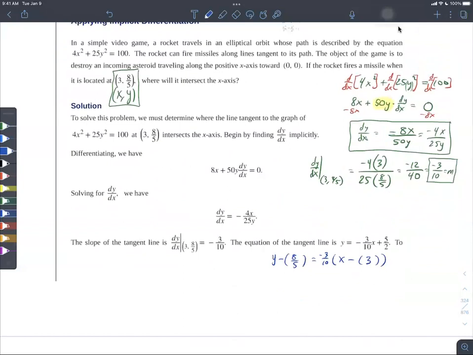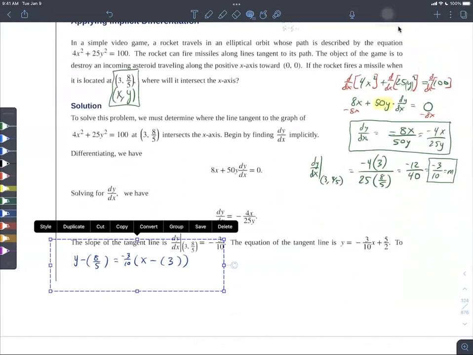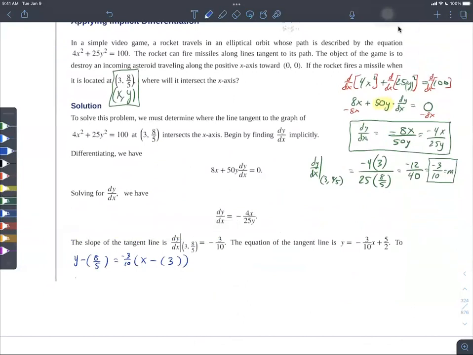And that is going to be, y minus 8/5 equals negative 3/10 x if we distribute, plus 9/10. And then if we want tenths, we've got to multiply by 2 on both the top and bottom.